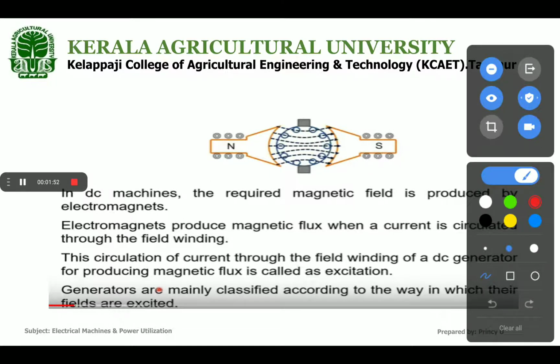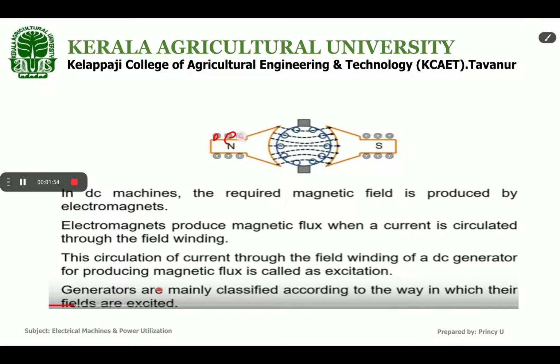The windings placed on the poles are what we call field windings. So the windings placed on the magnetic poles to produce the magnetic field are known as field winding.